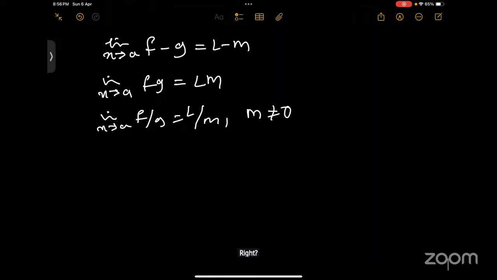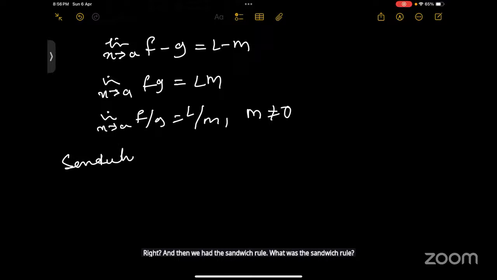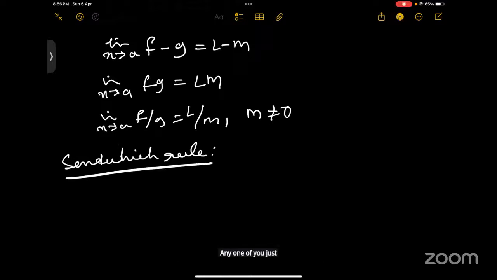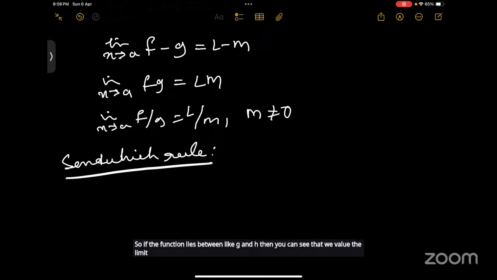And then we had the sandwich rule. What was the sandwich rule? Any one of you, just let me know. If the function lies between g and h, then we can say that the value of the limit of the function is between the limits of g and h.